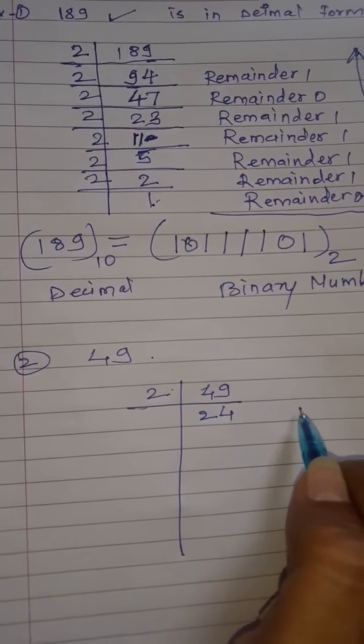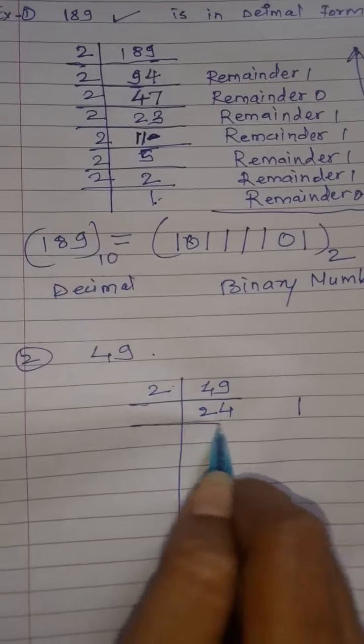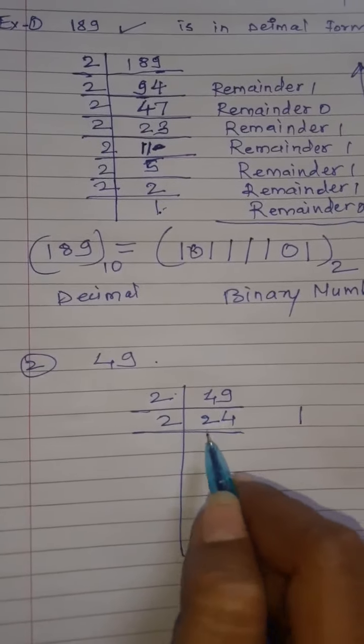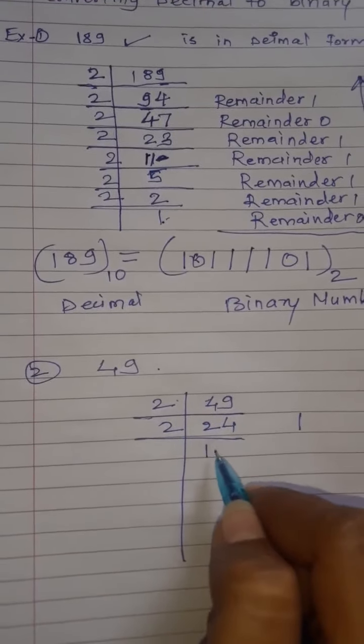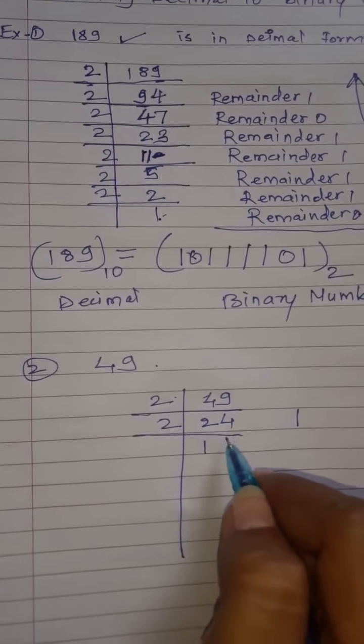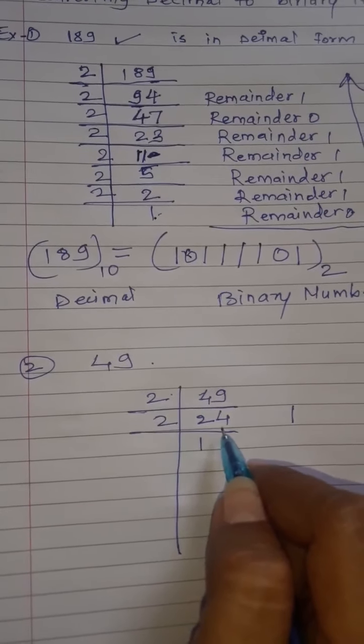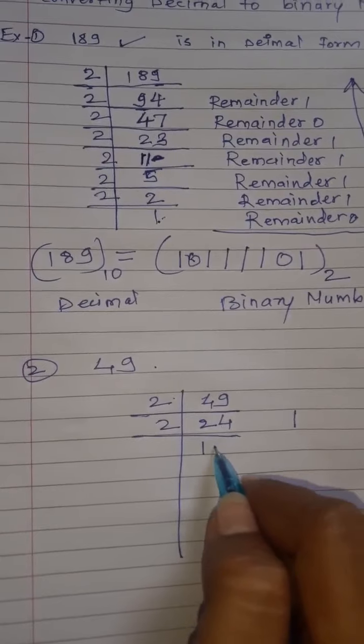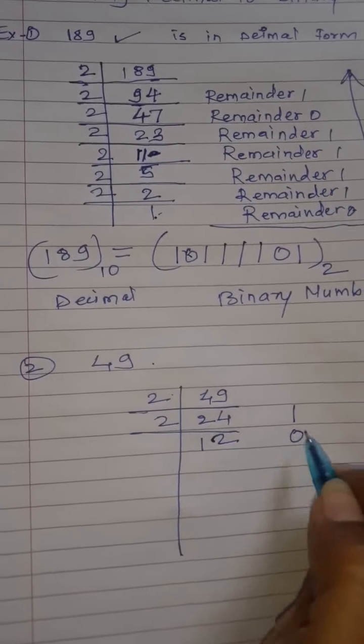Remainder 1. 2 ones are 2, 2 twos are 4, remainder 0.